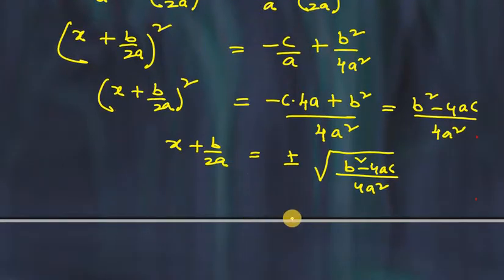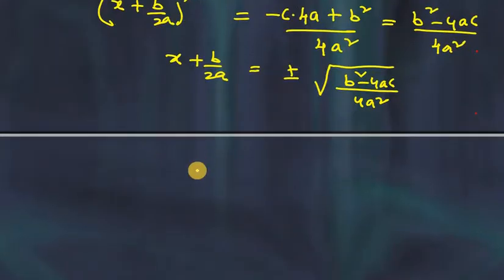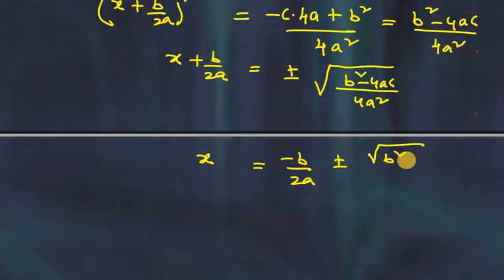So next step, I want the x value. x is equal to, so plus b by 2a, if it moves to that side, minus b by 2a plus or minus, I can write this as square root of b square minus 4ac by root of 4a square. What is the root of 4a square?